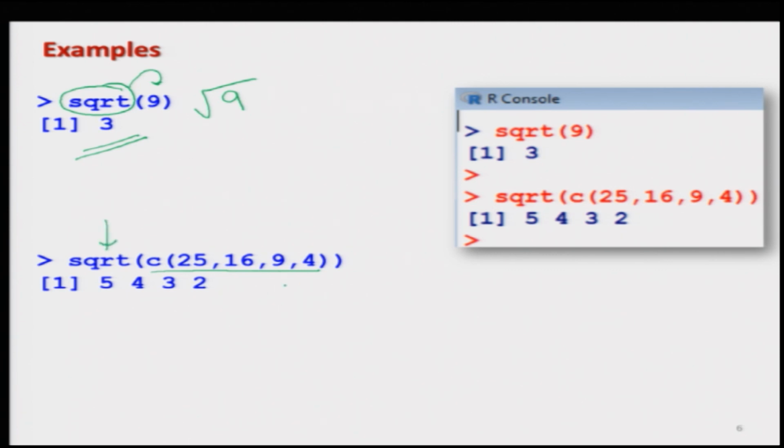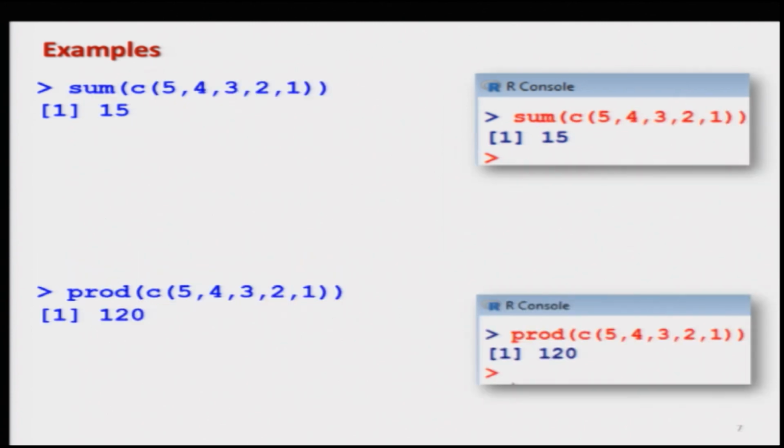Essentially I get the square root of 25, square root of 16, square root of 9 and square root of 4, and the answer comes out to be 5, 4, 3, 2. As a rule, I will always use the c command, because I don't want to create any confusion about whether my answer comes from using c or without using c.